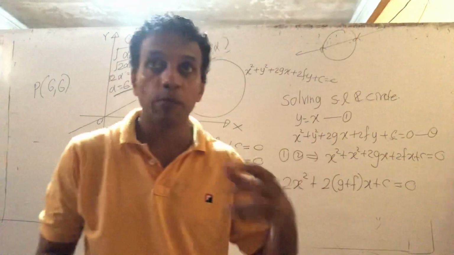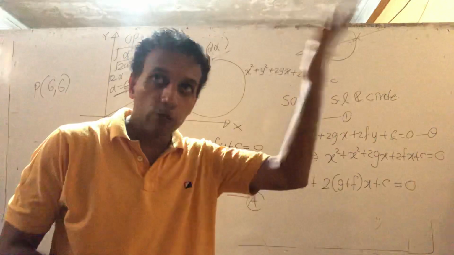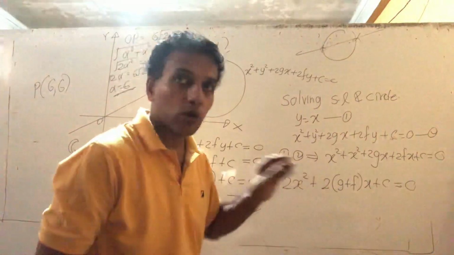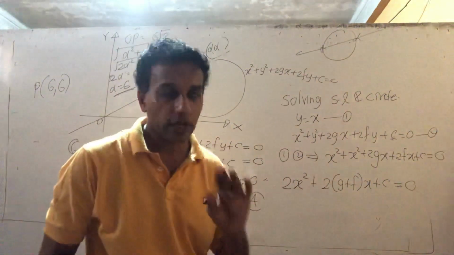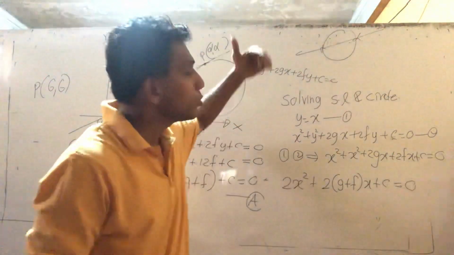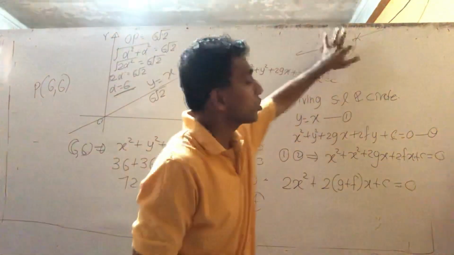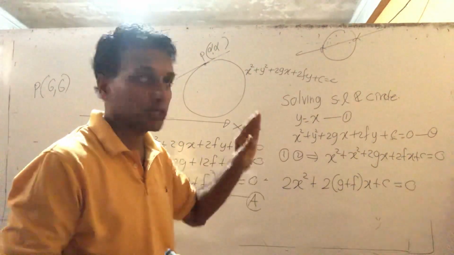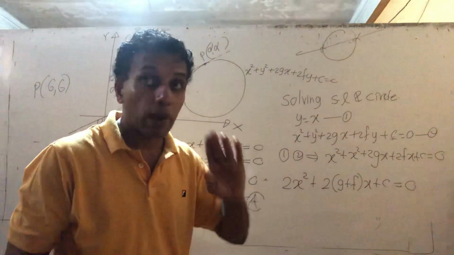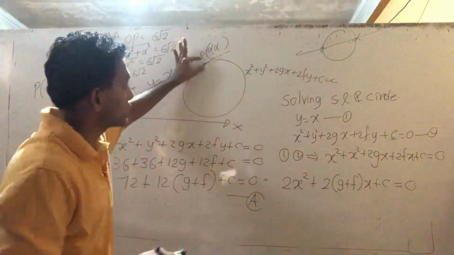So I am showing some more ideas for future knowledge. If a quadratic equation has two solutions, it has two real answers. Here two solutions mean where the line and the circle cut, two different solutions. But here it does not cut, it touches.